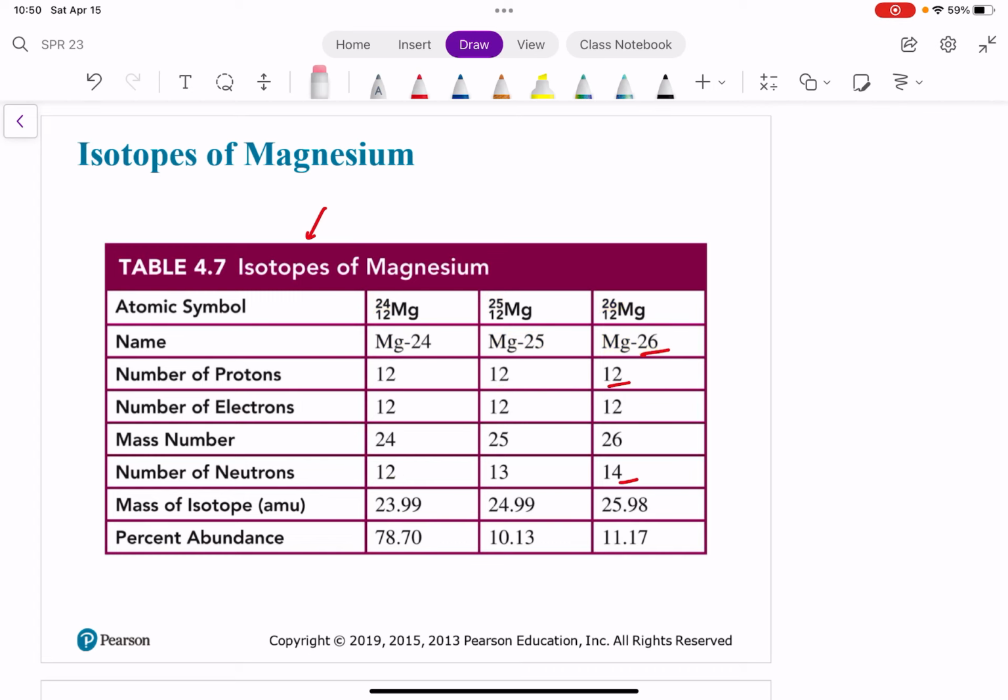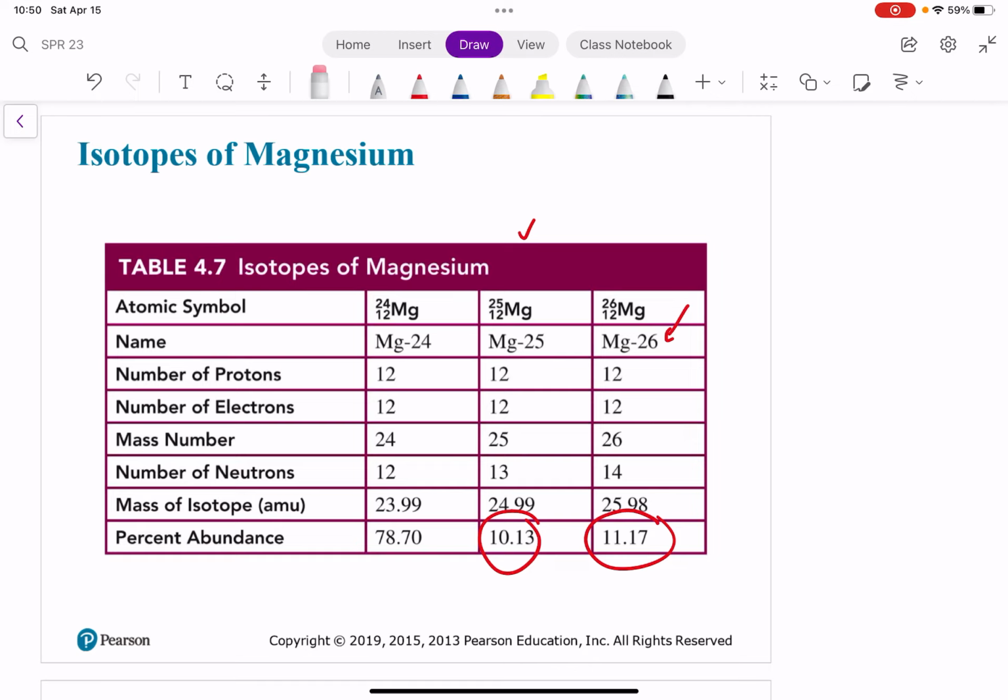We also have 10.13% of this isotope of magnesium in nature. And then 11.17% of the magnesium on Earth is magnesium 26.